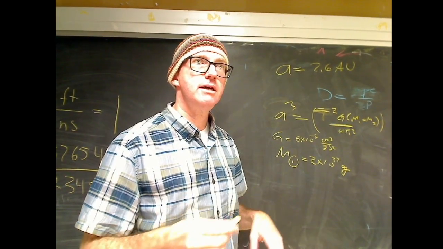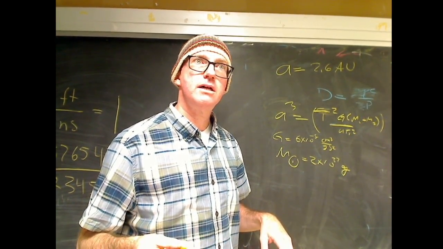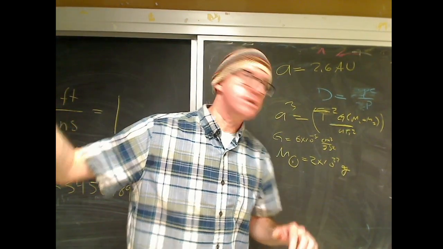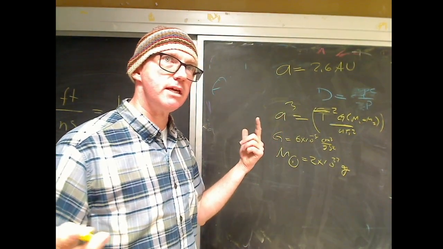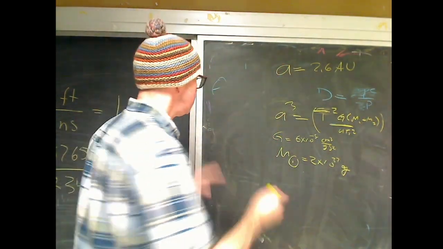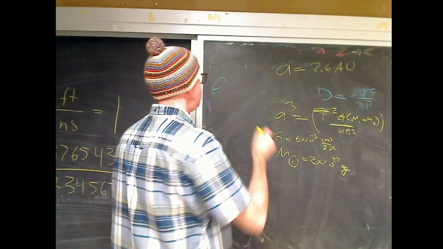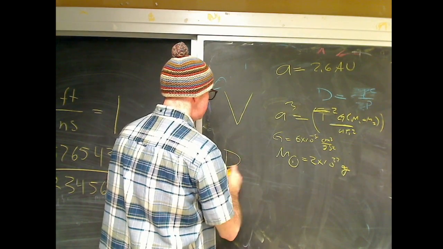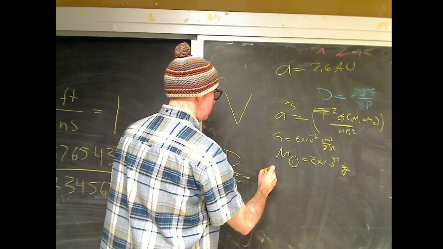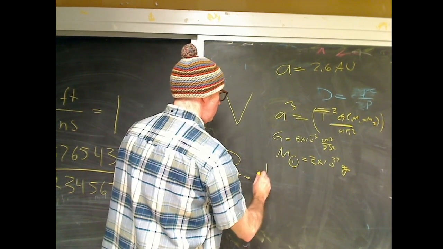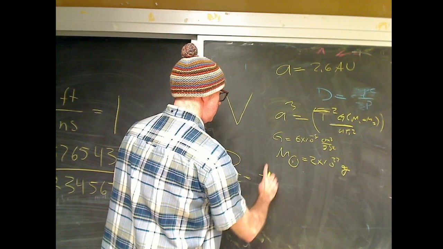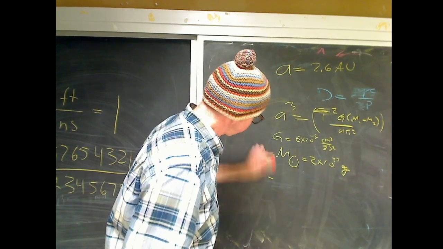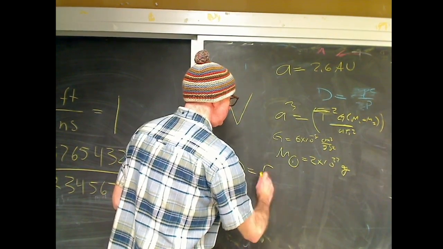Yeah. Why do you not divide parallax by 2? Because I know what the baseline is, because I know what the distance is. So the way the math works is, distance in parsecs is 1 over, d equals r over p.